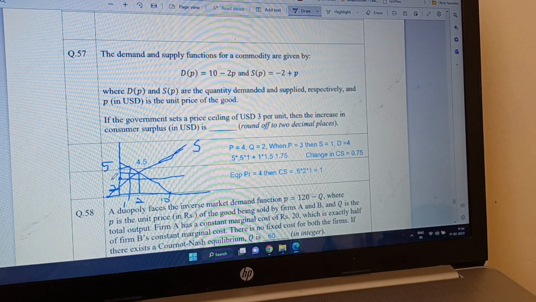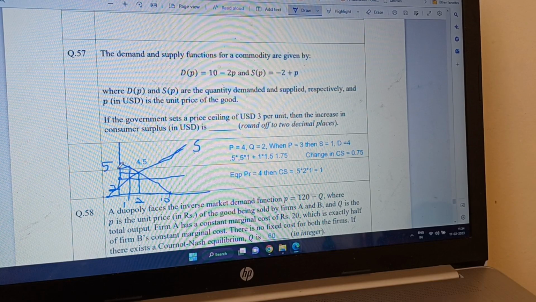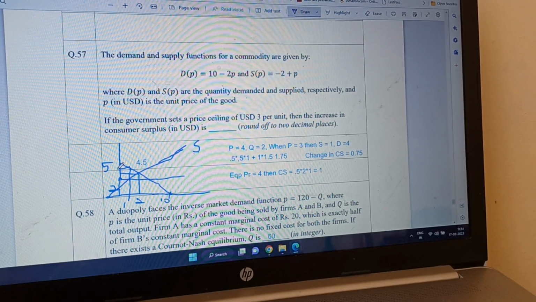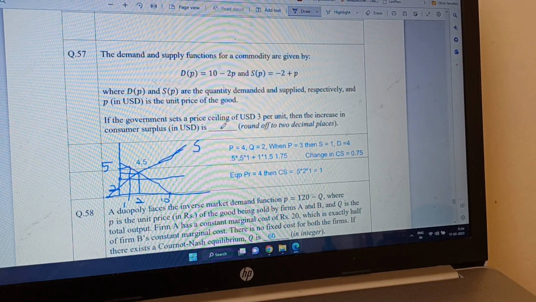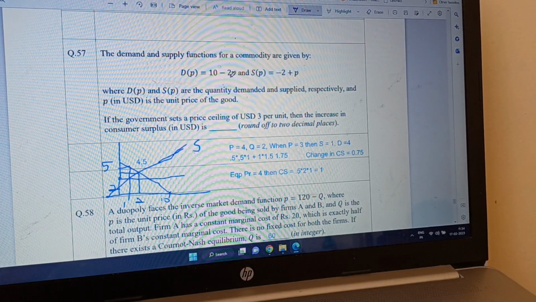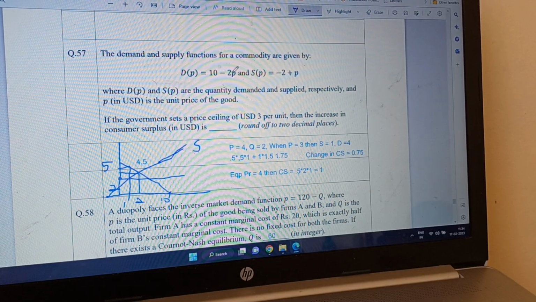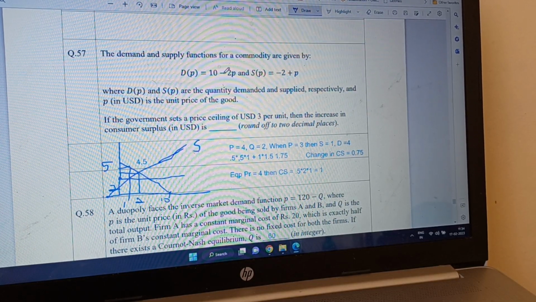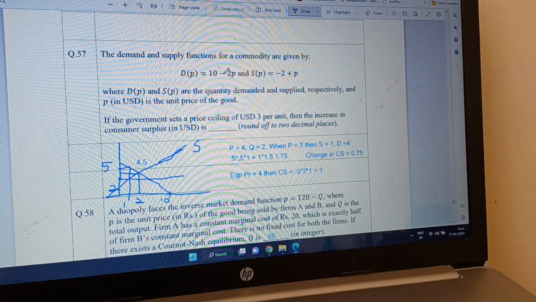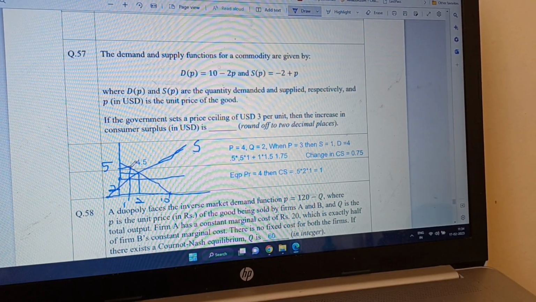Here it is 3 and this one is 4.5. How did I get 4.5 when Q is equal to 1? What will be the P? I put 1, then 2p is equal to 10 minus 1, so p is equal to 4.5. This will be the demand price at that time.